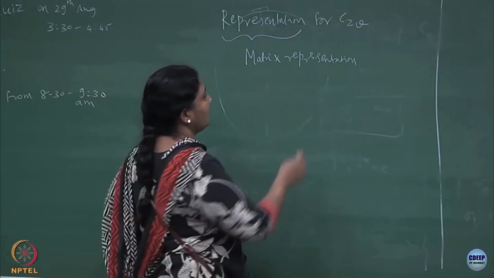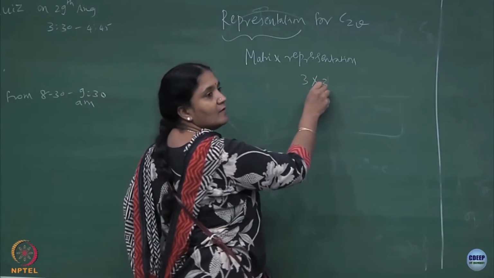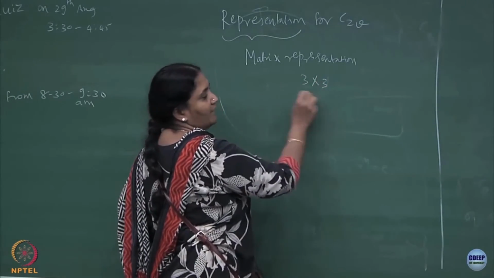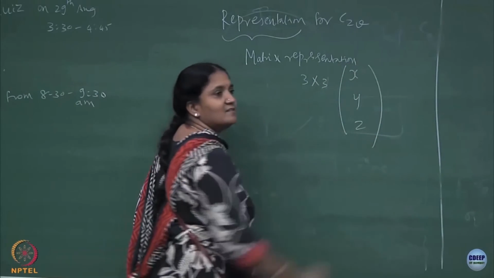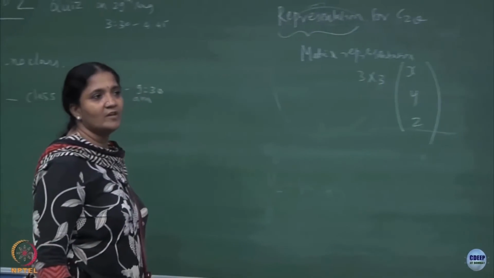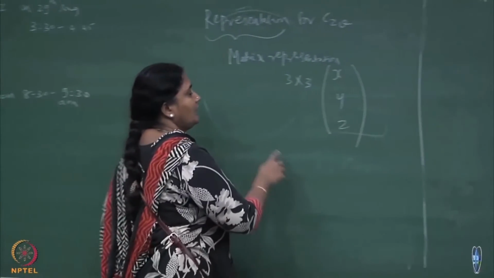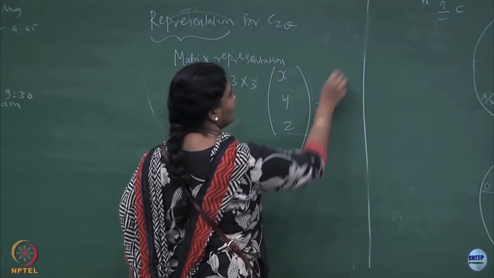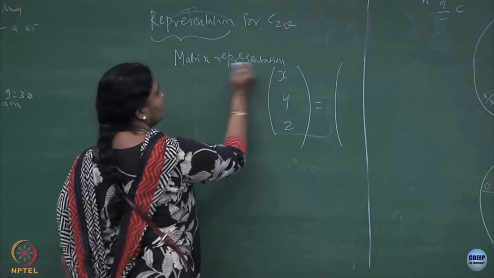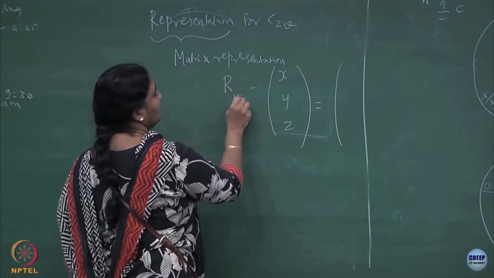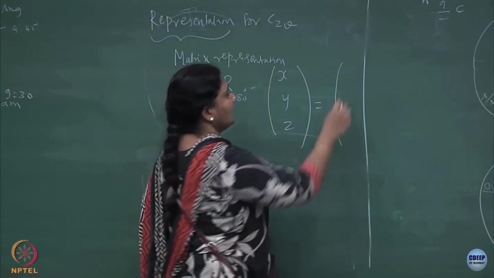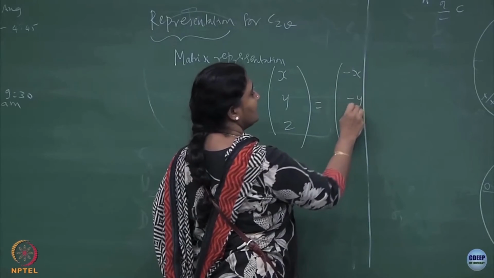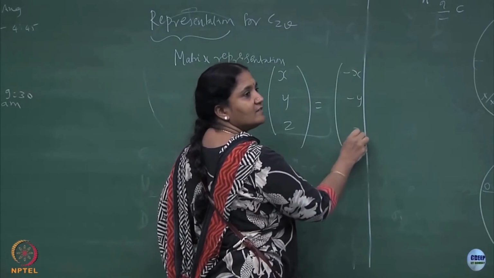Suppose this one is a 3 cross 3 matrix, you can treat this matrix as operating on a space which has x, y, z coordinates, and you know what this answer will be. Suppose it is a rotation by 180 degrees, you know the answer has to be minus x, minus y and z.